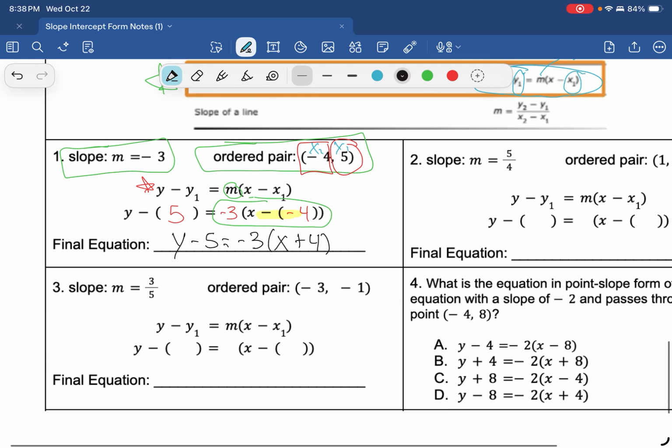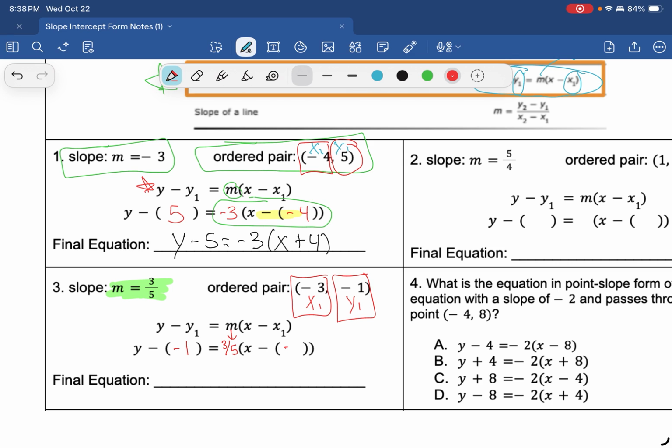Okay, let's look at the second one. Here again is our slope, and we have our ordered pair, and we're going to label our values x1, y1, and fill in the parts. Again, I always like to write my slope first, which is 3/5, and then y1 is -1, and x1 is -3.